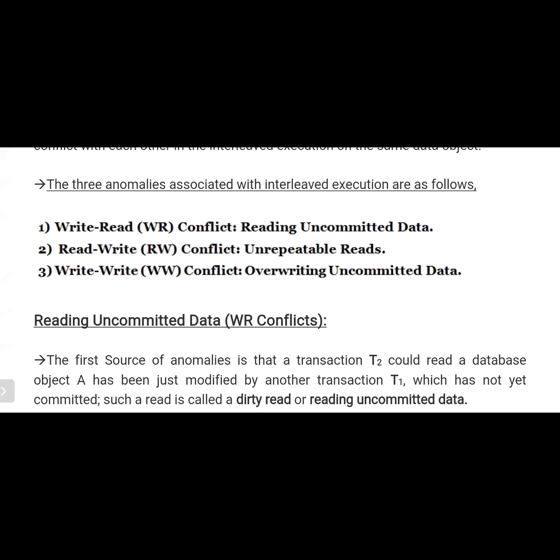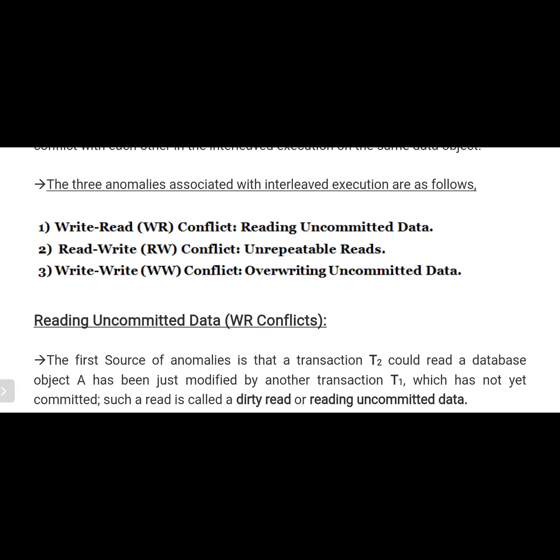In the same way, read-write conflict: T1 performs the read operation and T2 performs the write operation. In that situation also we may get different types of results. In the same way, T1 performs some write operation and T2 performs another write operation on the same data item. That is nothing but a write-write conflict.